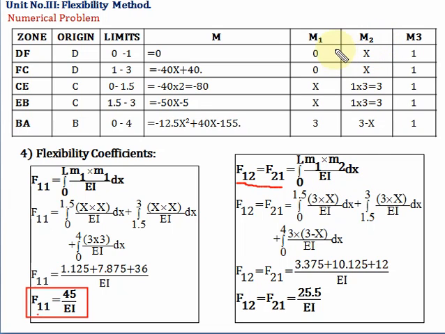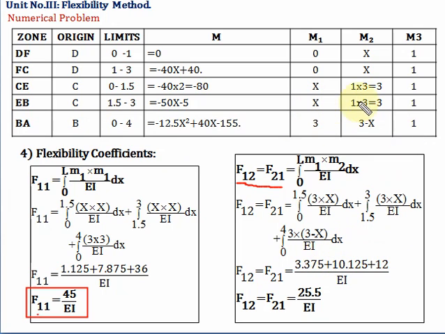Here again for the first two zones the value of m1 is 0, so we have to start from zone C. Integration 0 to 1.5, m1 is x, m2 is 3, so 3 into x upon EI, plus integration 1.5 to 3, then integration 0 to 4, 3 into 3 minus 6 upon EI into dx.